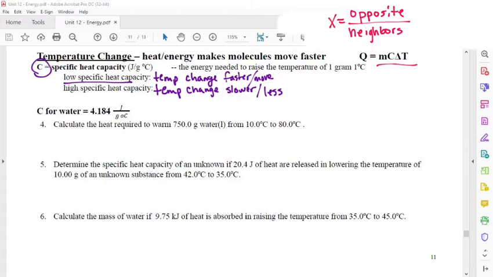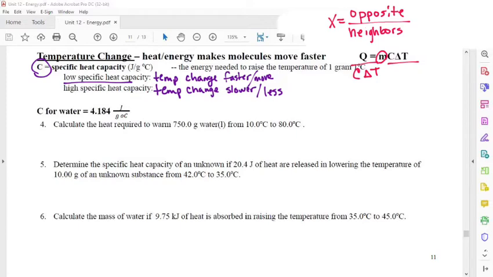We just need to multiply m times c times delta T. But no matter what else I'm solving for, if I wanted to solve for m, then its neighbors is everything else, c and delta T. So I'd be dividing q by c and delta T, because that's how I would cancel those out on this side. So m equals q over c delta T. If I was trying to solve for c, that'd be q over m delta T. If I was trying to solve for delta T, then that'd be q over mc.